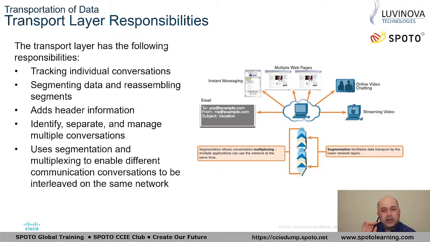So the transport layer adds a header with its own information, the internet layer adds a header with its own information, the data link layer adds a header with its own information, and so on. So basically every header uses segmentation and multiplexing to enable different communication conversations to be interleaved on the same network.